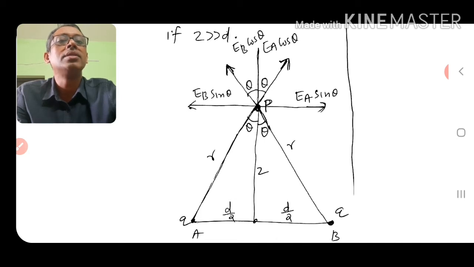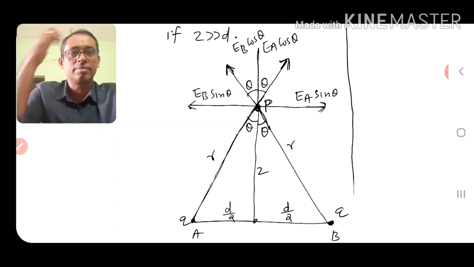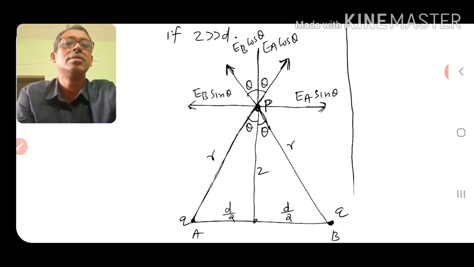We place a test charge at point P, and the electric field will be in the direction of the force acting on that charge.